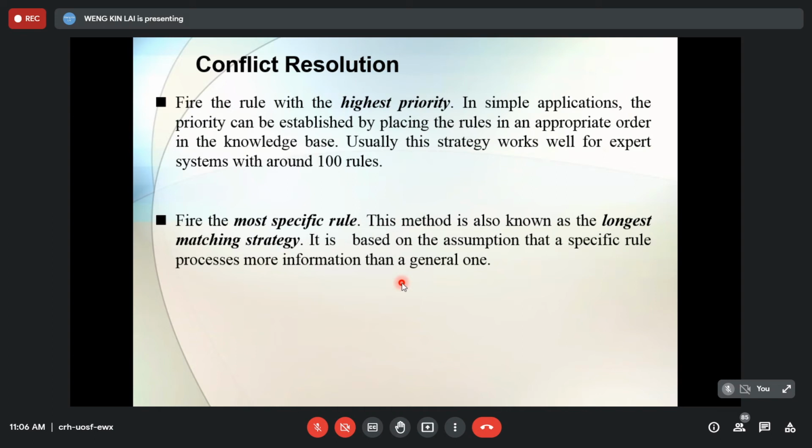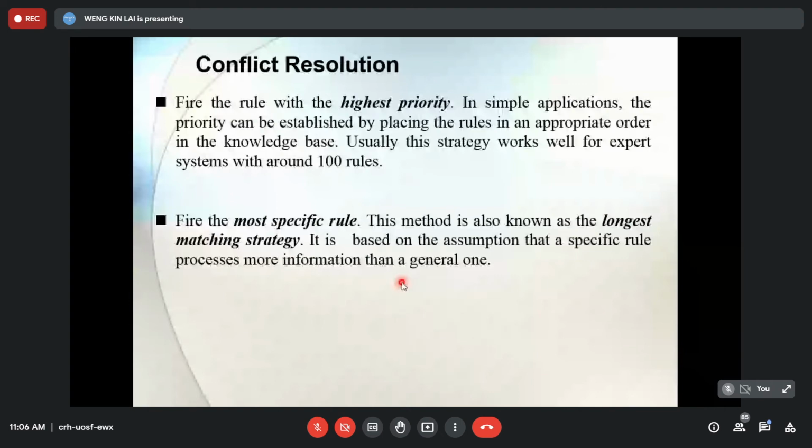Because now my rule number 3 has changed to have more information, so this is more specific. And also maybe, for example, the time of the day, middle of the night or 2 a.m. in the morning, there's less people, then maybe you can still go. Again, it's basically saying that if the rule has more information, it's more specific.